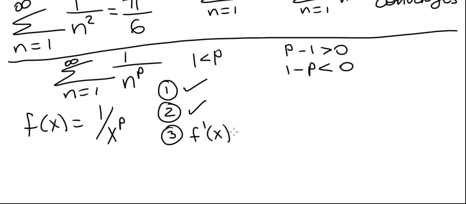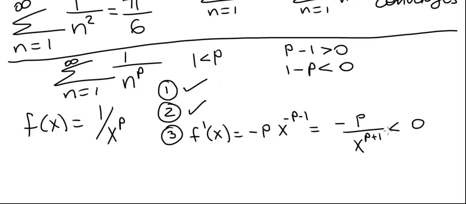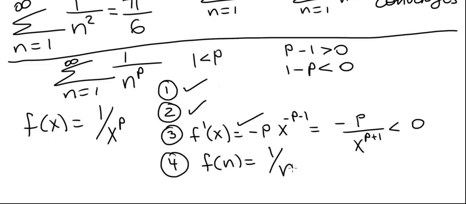The derivative is going to be minus p times x to the minus p minus 1, and this is equal to minus p divided by x to the p plus 1 in the denominator, and this clearly is less than 0 on the interval from 1 to infinity, so this function is decreasing. And the fourth condition, of course, is that plugging in n will give us 1 divided by n raised to the power p, which is the nth term of our series.